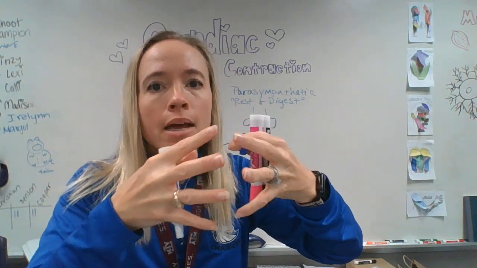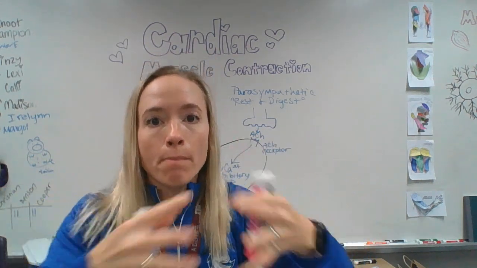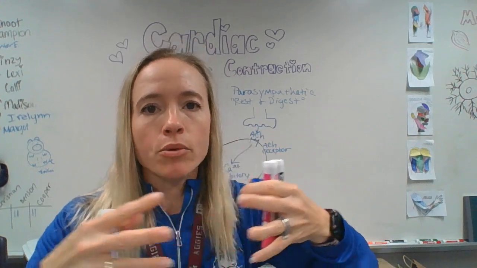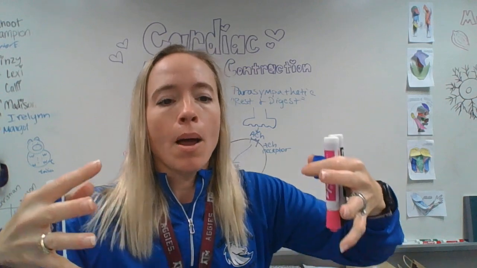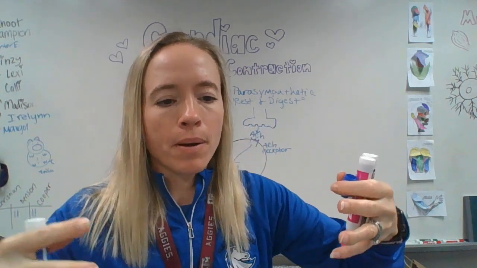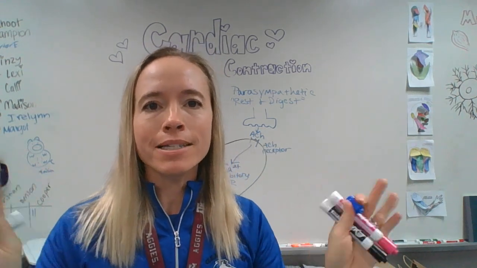So when we have adrenaline, when we have epinephrine, it's going to do that faster. Bump, bump, bump, bump, bump. And whenever we have acetylcholine, it's going to do it slower, like when we're going to bed after we've eaten a big meal. And so the acetylcholine is going to make it bump, bump, bump. Okay. I hope you all have a very parasympathetic day.